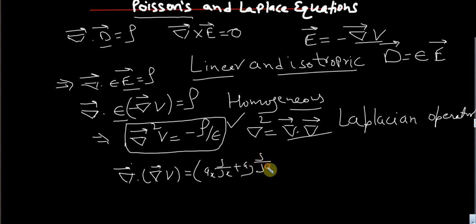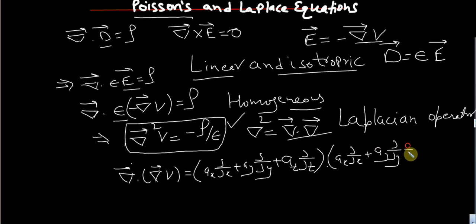We are assuming here only the simple Cartesian or rectangular coordinate system. So dot product again with ax del by del x, ay del by del y, plus az del by del z, and V is also there.